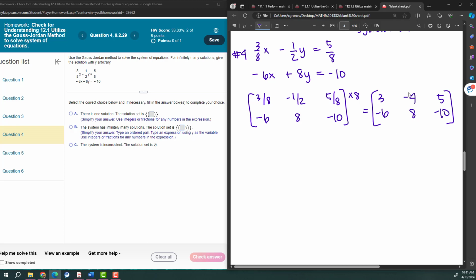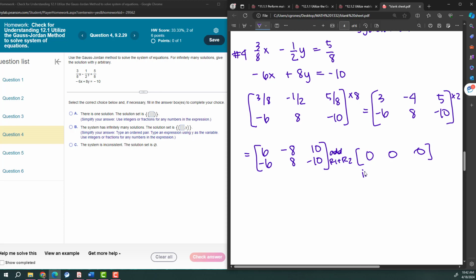So if we want to get a 0 where our -4 is, multiply the top row by 2, which gives us 6, -8, 5, and then -6, +8, and -10. This 5 times 2 is going to be 10. So when we add row 1 to row 2, we get 0, 0, 0.